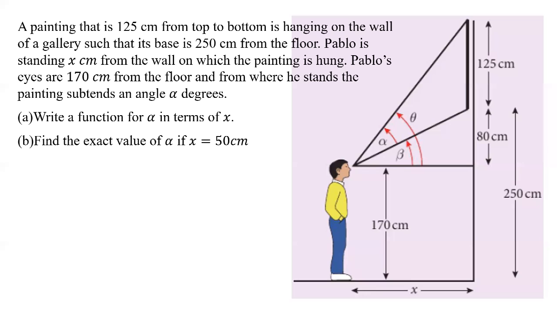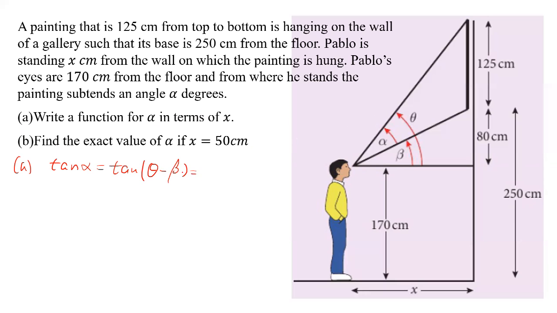All right, have you finished? Let's have a look at the solutions, okay? All right, first of all, write a function for alpha in terms of x. Okay, so note here, tangent alpha can be expressed as tangent theta subtracted by beta, right?